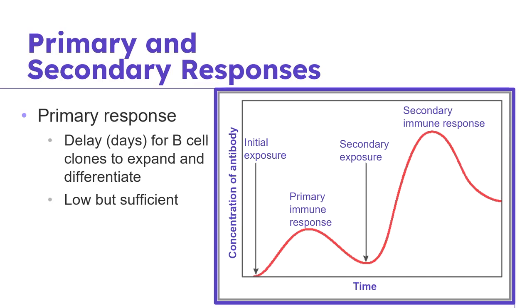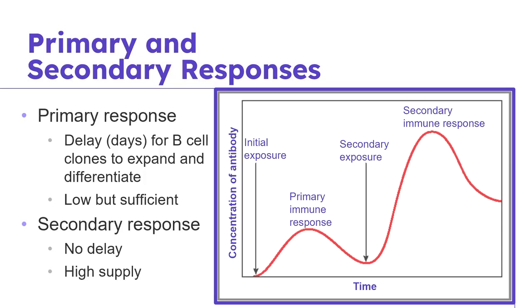During this time, the antibody supply is low but sufficient. Subsequent exposures do not have this delay and result in an immediate secondary response with rapid production of B cells ready to fight the infection. These antibody levels are much higher than the primary response and can easily overwhelm the pathogen to prevent symptoms from even developing in the first place.